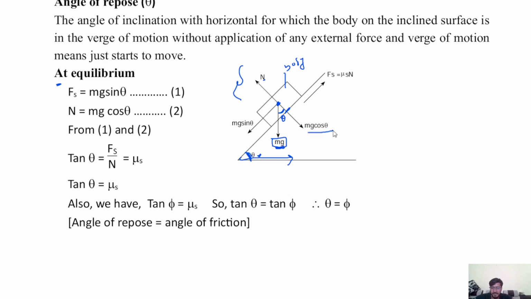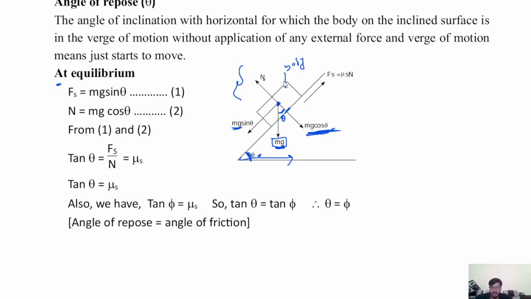One is mg cos theta, perpendicular to the inclined surface, and the other is mg sin theta, parallel to the inclined surface. These are the components of mg, which is acting vertically downwards.